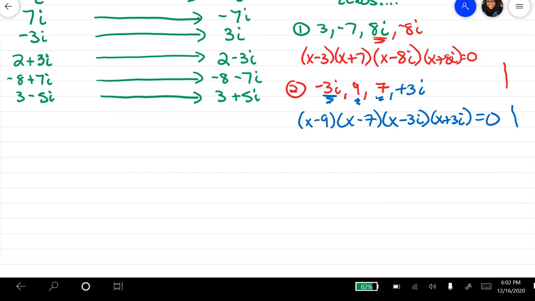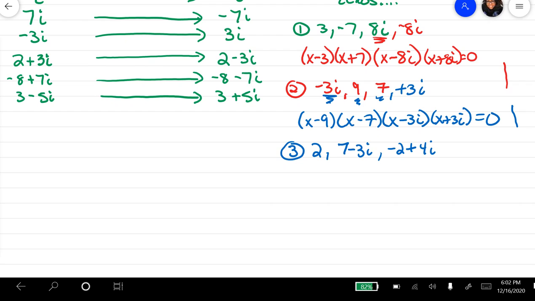Next example, for this one, let me give you guys one with a complex number. So for this one, I'm going to give you 2. And then my other two roots, let's say, are 7 minus 3i and negative 2 plus 4i. All right, so for this one, these are my zeros.